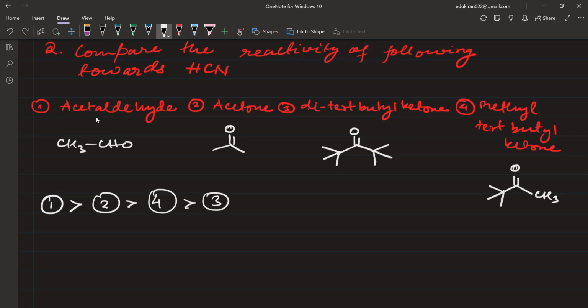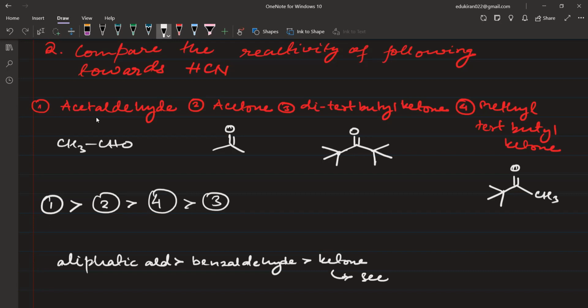This is how you are going to compare. First of all, the most reactive is going to be aliphatic aldehyde. Then you will have benzaldehyde, and after that ketones.